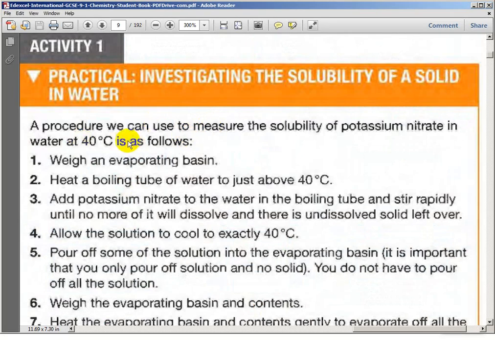This procedure we can use to measure the solubility of potassium nitrate in water at 40 degrees Celsius. So the temperature remains the same, 40 degrees Celsius. At first step you will weigh an evaporating basin.